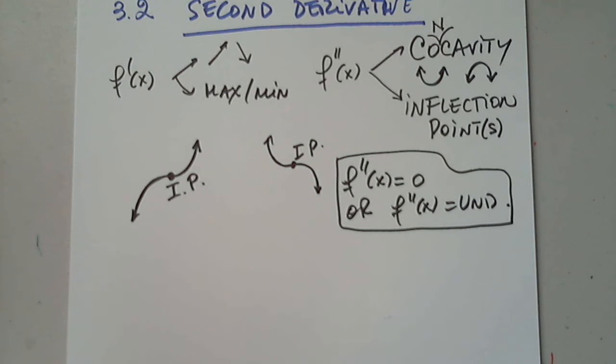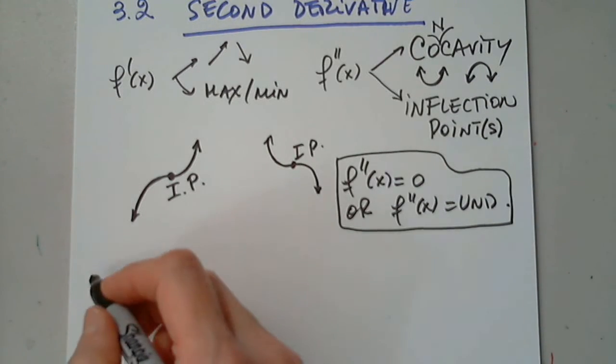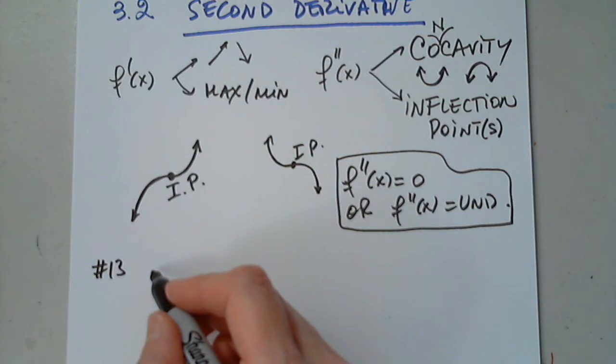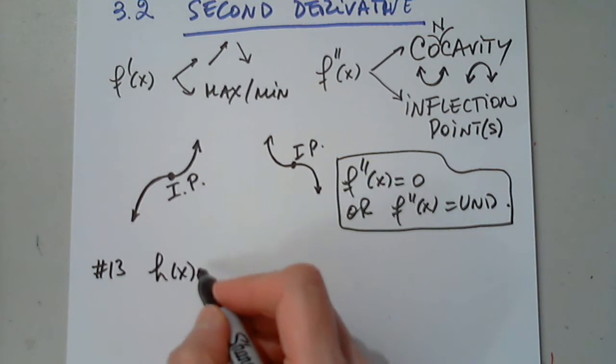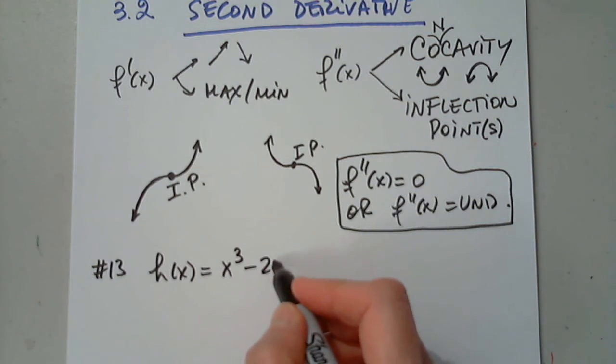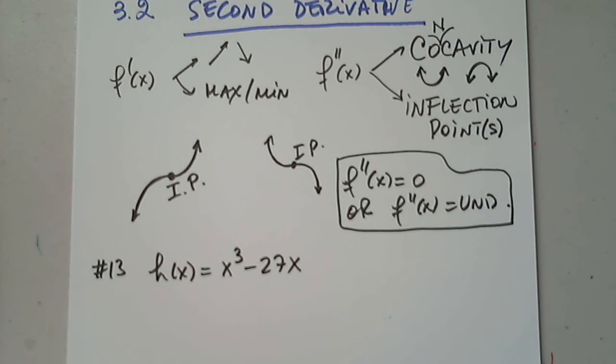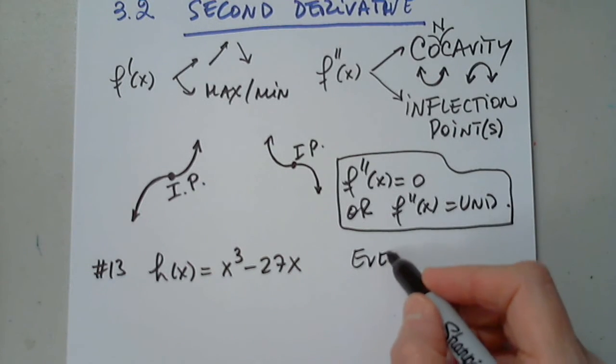All these are polynomials except these. We do 13. Yes, so we're going to start with 13. So 13 has h of x equals x to the third minus 27x. So the question here is, what are we asked to do? And the answer is everything.